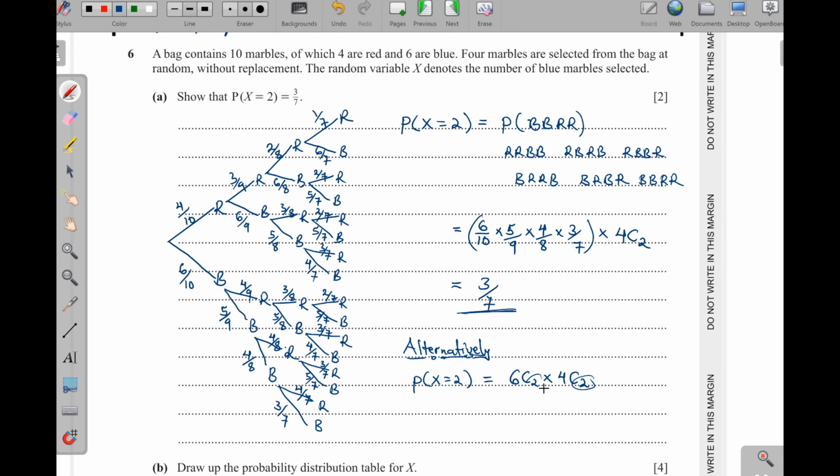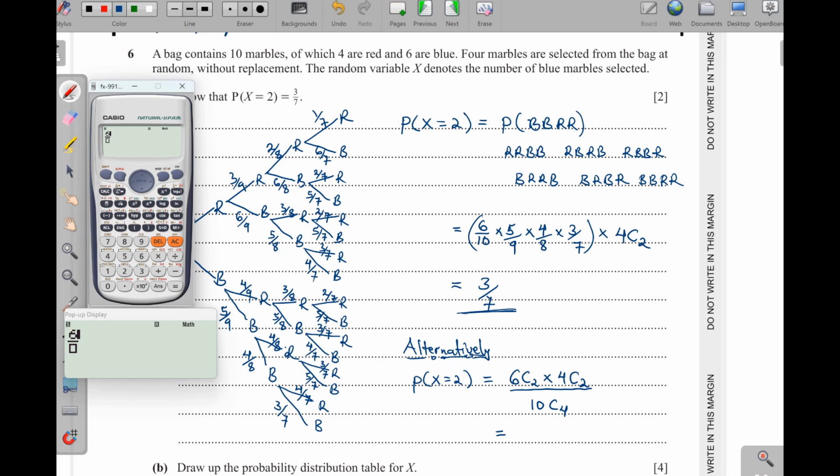So 2 plus the 2, you will get the 4. Then divide by, the total is 10. Out of the 10 marbles, you are picking 4. So the sample space is, out of the 10, you are picking 4. We don't know which color that you are choosing. So when we put this in the calculator, what do we get? 6 combination 2 times 4 combination 2.